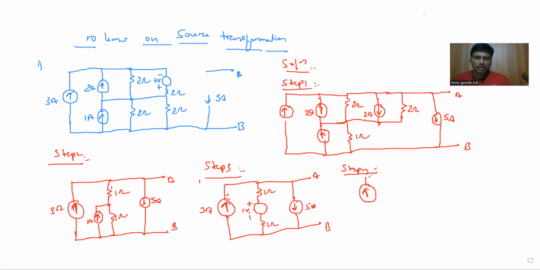Converting this voltage source into a current source, I is equal to V by R, that is 1 by 2, it is 0.5 amps, with the parallel resistance 2 ohms, and the 3 amps.